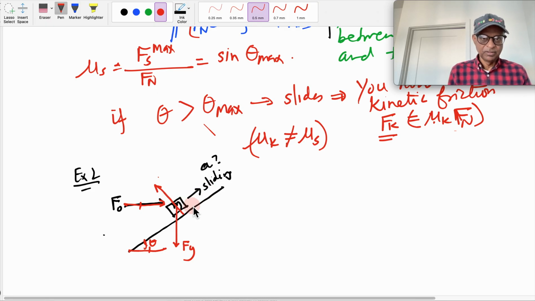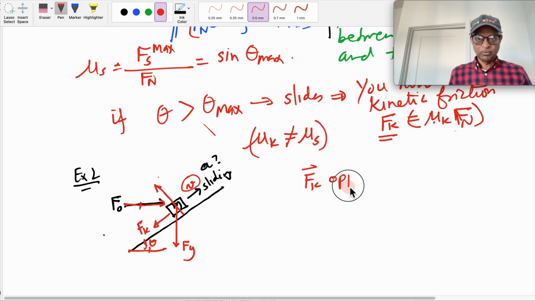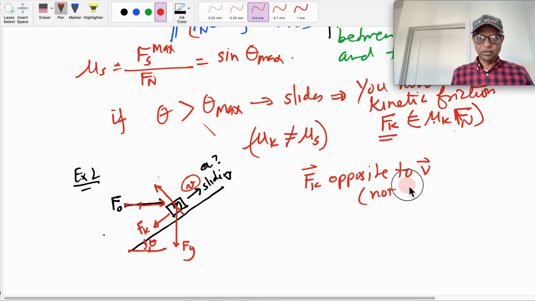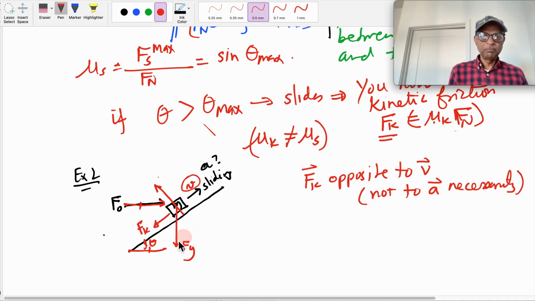And because it's sliding up, the velocity is in that direction, and the kinetic friction will point opposite to the direction it is moving. Fk is opposite to V, not necessarily to A. It may have been slowing down, who knows, it's going up.